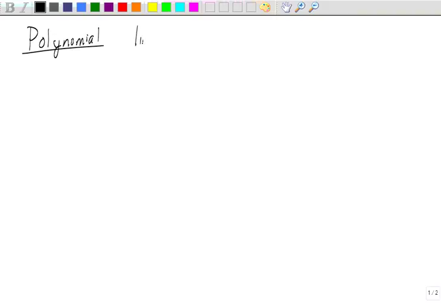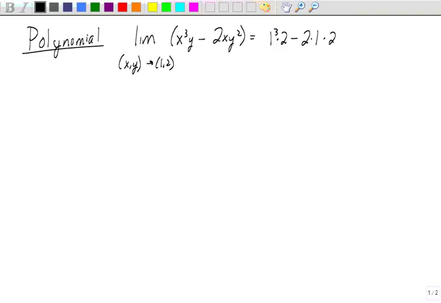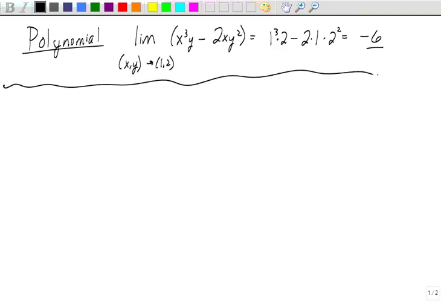Well, it's the same for two or more variables, where you can just substitute in and get a number, the limit. And that's true because it's a polynomial. And polynomials are continuous. I know we haven't defined continuity, but it's the same for functions of more variables.